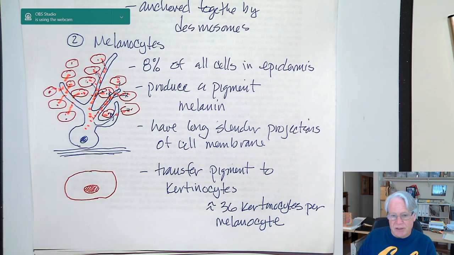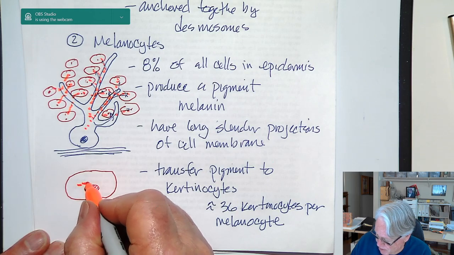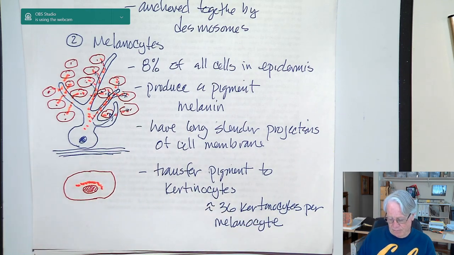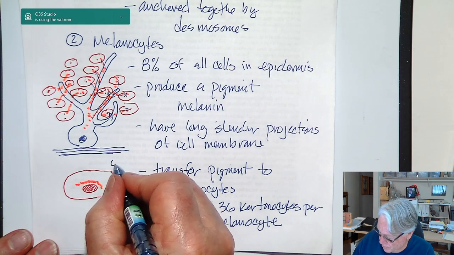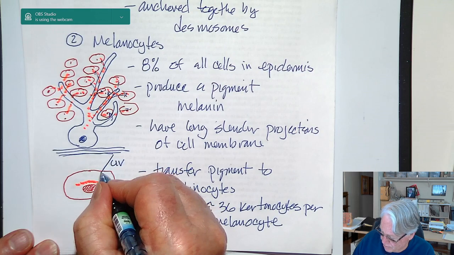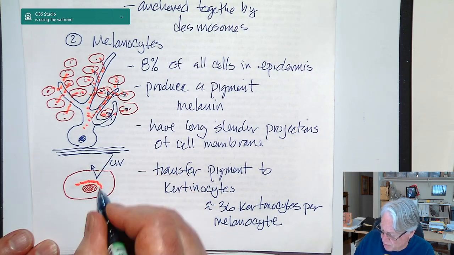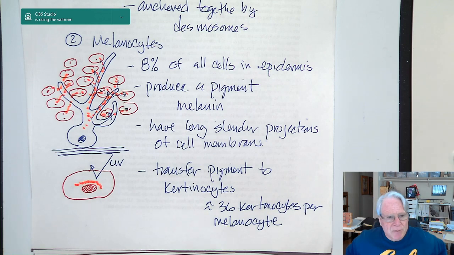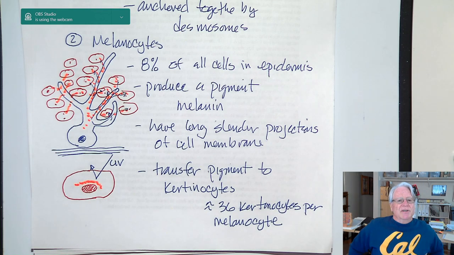The keratinocyte is going to create an umbrella of this pigment over the nucleus. And the idea is that ultraviolet radiation is going to be prevented from damaging the nucleus with this umbrella of pigment sitting above the nucleus.